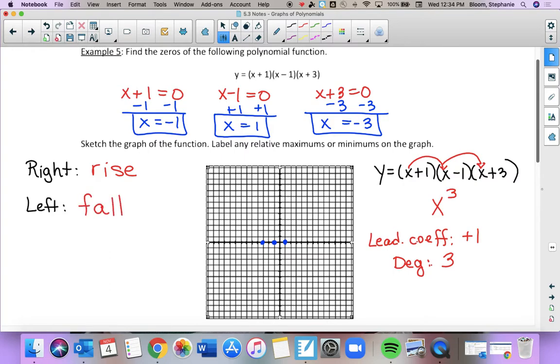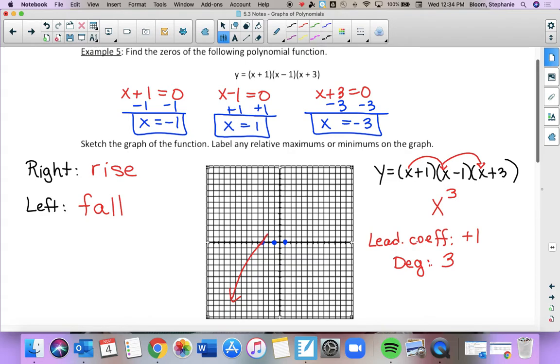Okay, so here's what you're going to do. My very left point is negative 3, right? That means it's going to be falling on the left side. Is everybody with me? So I'm going to fall. Doesn't matter where it's going, just show that it's falling. And then I'm crossing the x-axis, right?